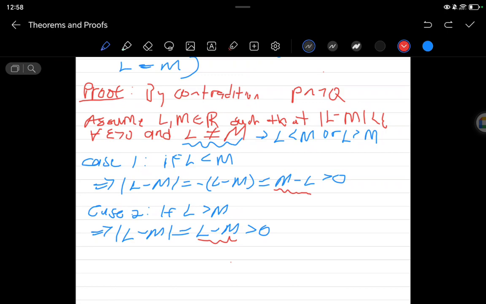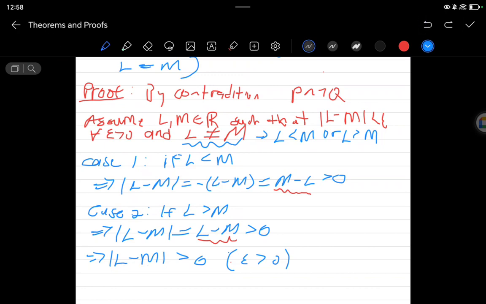So this would imply that the absolute value of L minus M is greater than 0. And since this is greater than 0, what else do we know? We also know that epsilon is greater than 0.